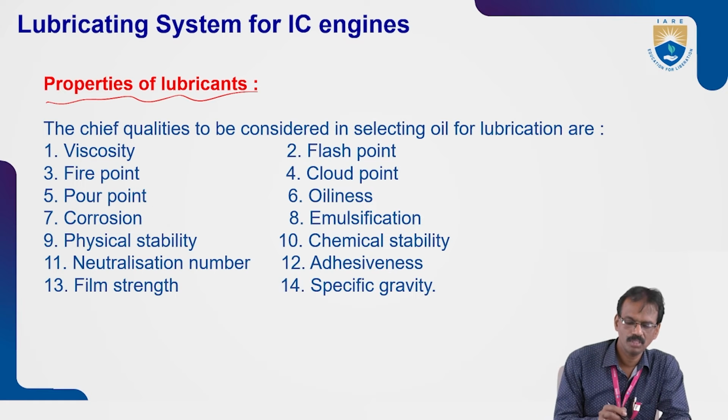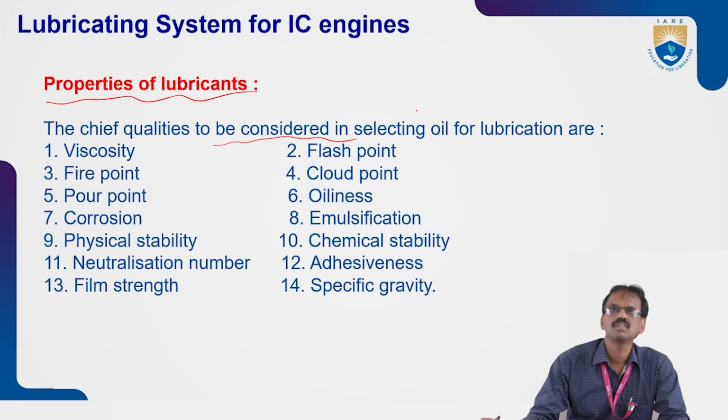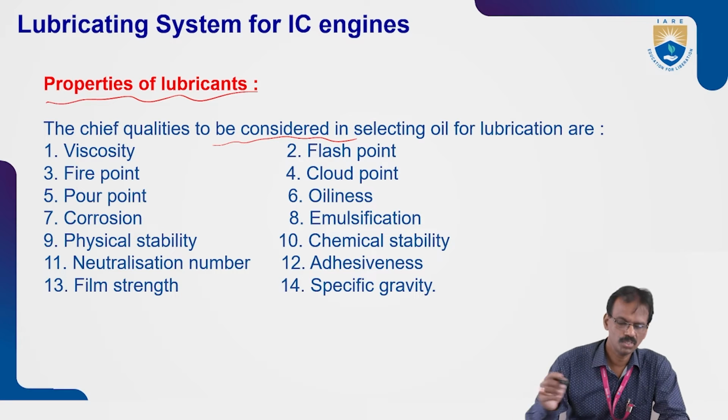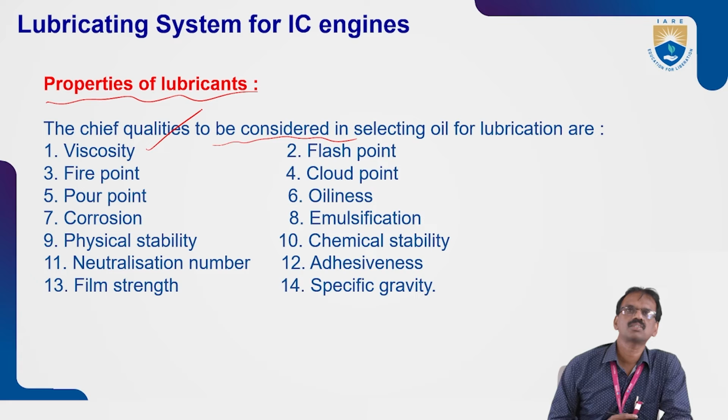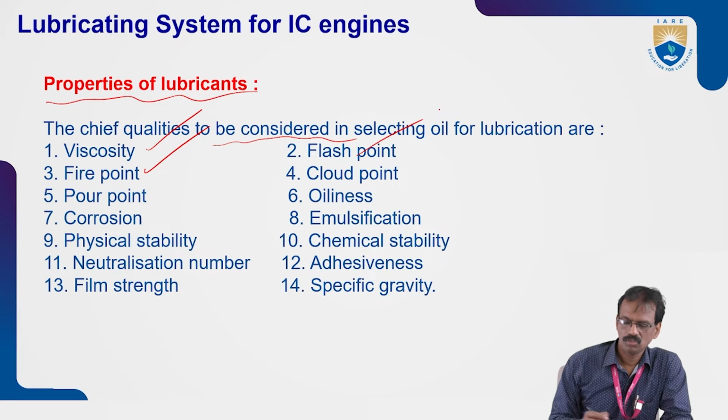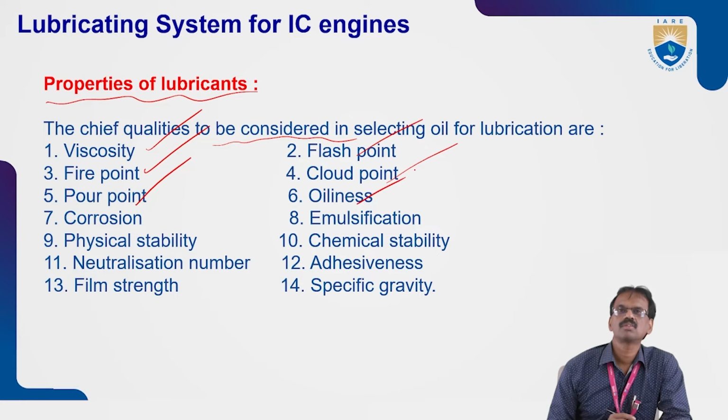The chief qualities to be considered in selecting oil for lubrication are viscosity, then viscosity index, flash point, cloud point, pour point, oiliness, corrosion effect, emulsification, physical stability, chemical stability also.